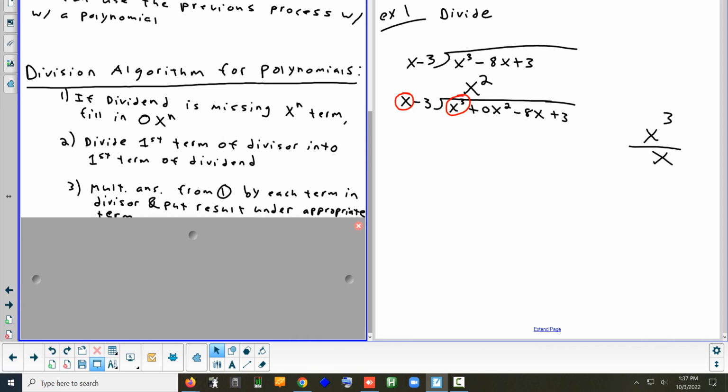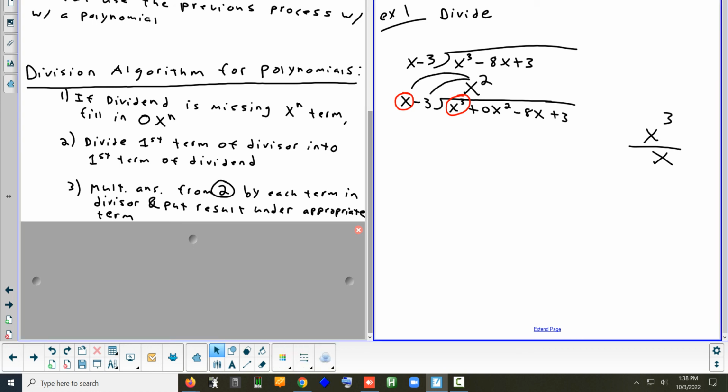Okay, next up. We're going to take the answer that we just got in step 2, and you're going to multiply that answer by each term in the divisor. And here it's important that we line up like terms.